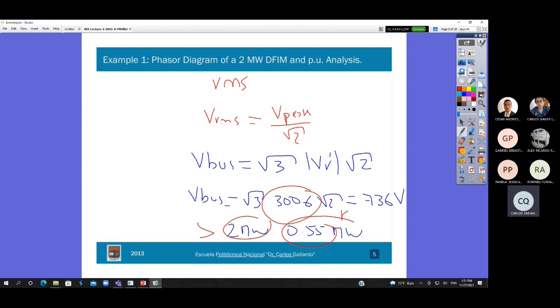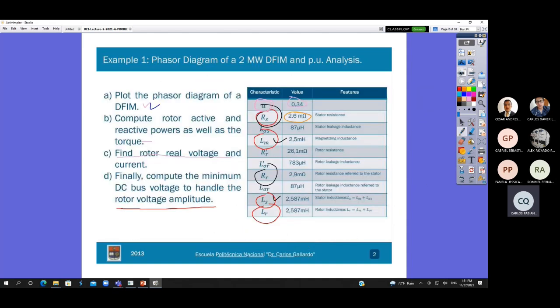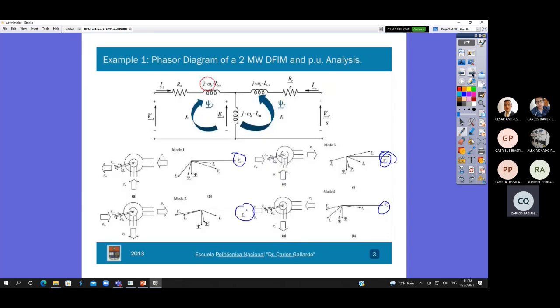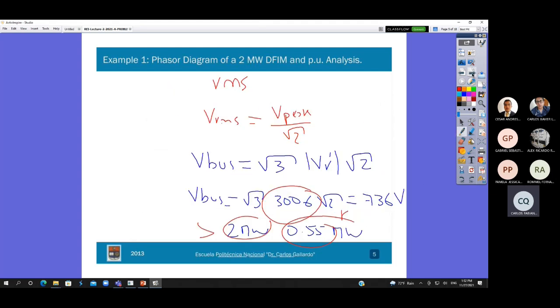Once again, let's go back to the question. Compute the minimum DC bus voltage to handle the rotor voltage amplitude. Now I am talking about the converter. What is the voltage on the converter? This is the definition of the root mean square value. What is the perspective from the required DC bus voltage?